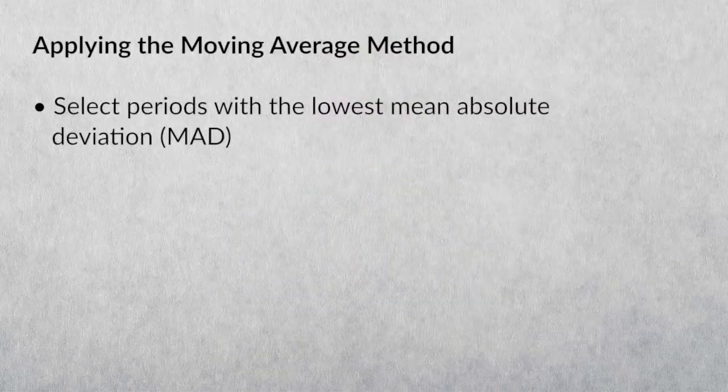So based on the Excel computations, let's summarize the characteristics of this moving average technique. Selection of the number of periods is a very important thing. As we saw in the Excel case, we compared models with different numbers of periods, and we selected the periods with the lowest mean absolute deviation.